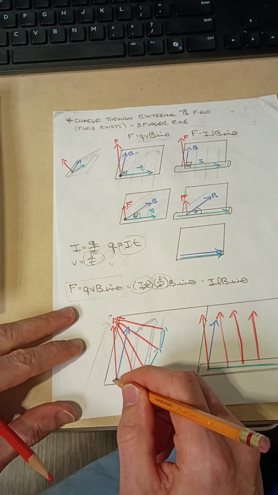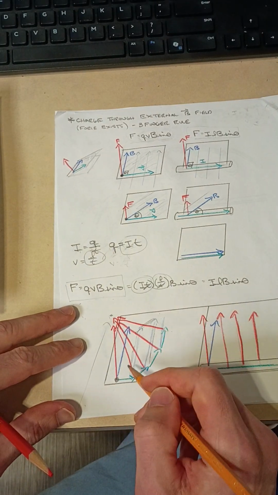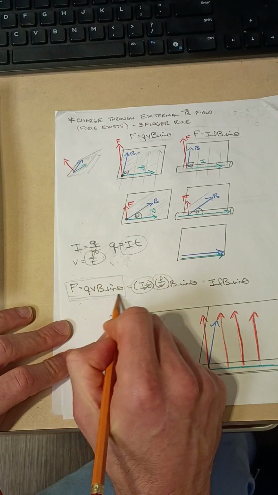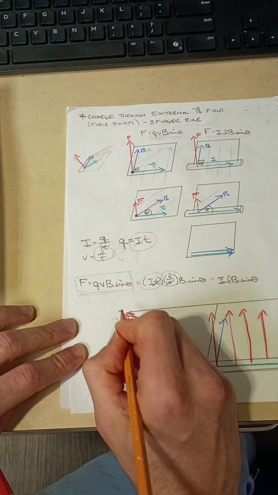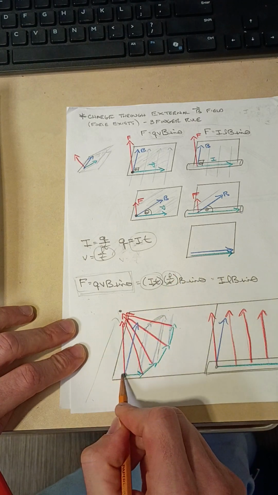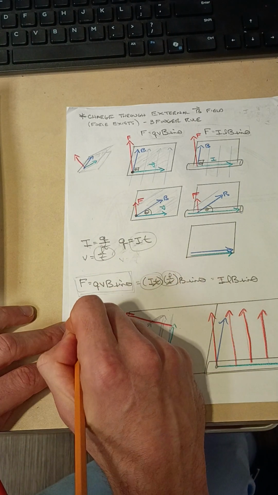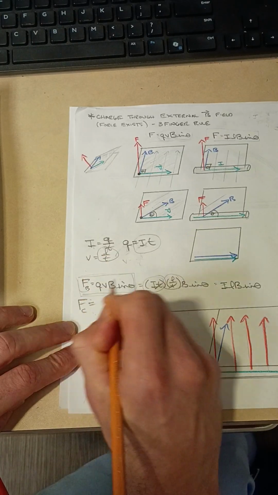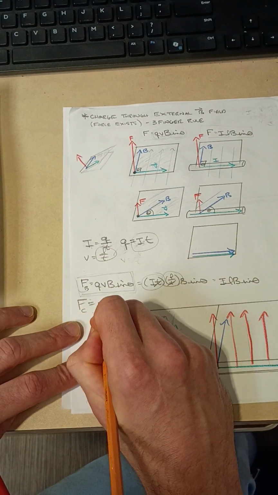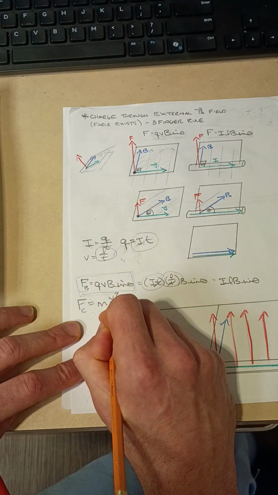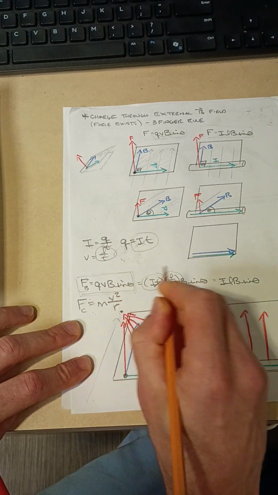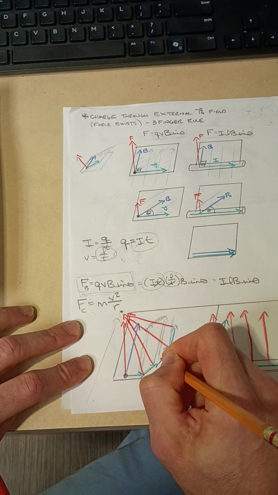Now, with a single charged particle moving through an external magnetic field, you can use this equation, and also you can represent the force that it's experiencing by the centripetal force. So this is the magnetic force. Here's the centripetal force. So that would be m, the mass of the particle, times velocity squared over the radius from here to here.